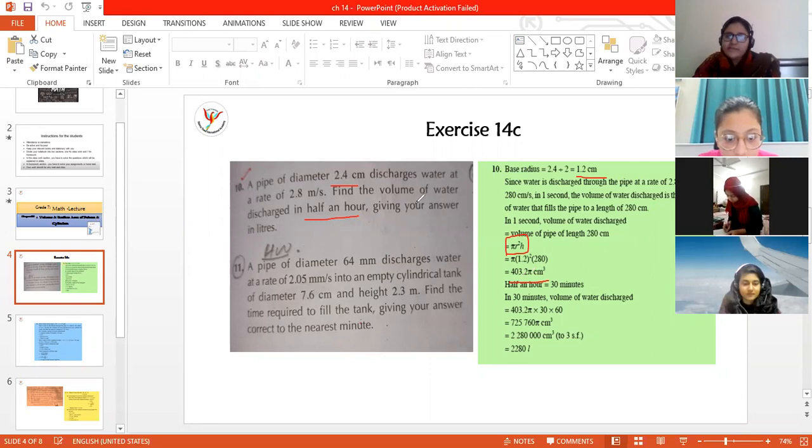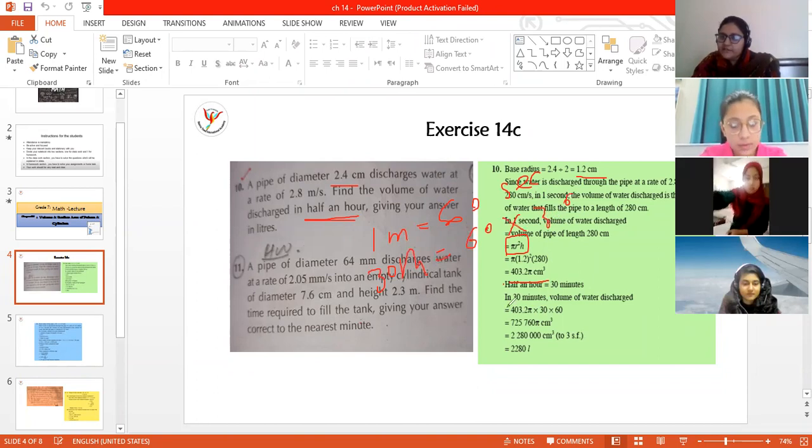Now it says water discharged in half an hour. 1 minute is equal to 60 seconds. Half an hour means 30 minutes, which is 60 multiply 30, and the answer will be 1800.